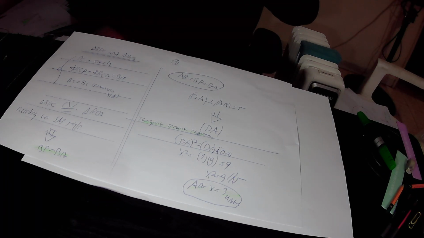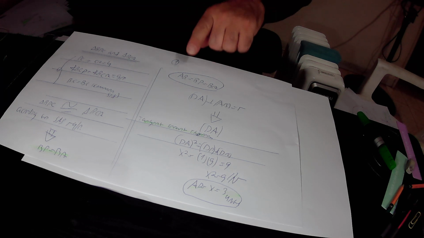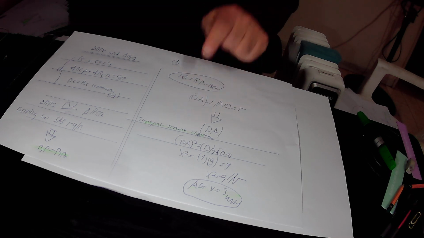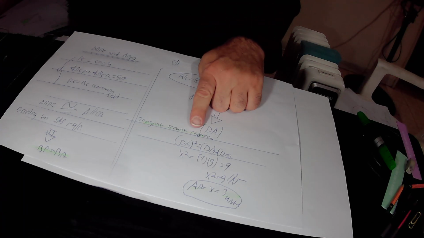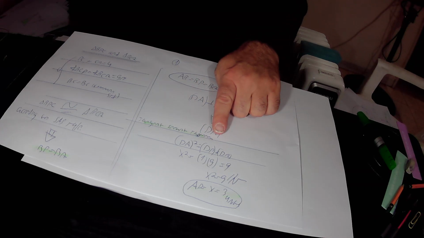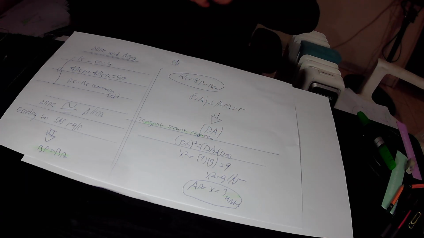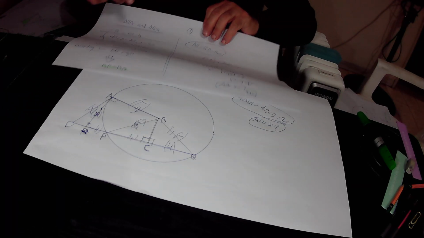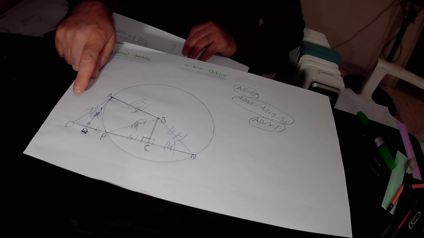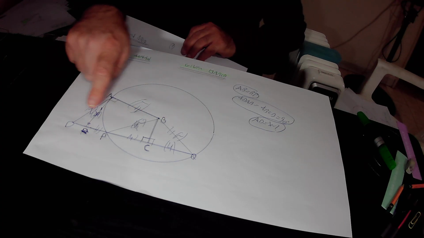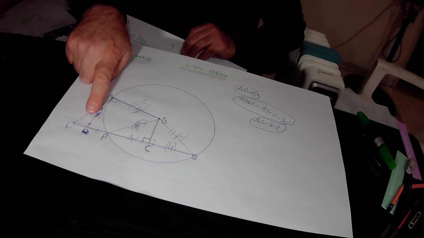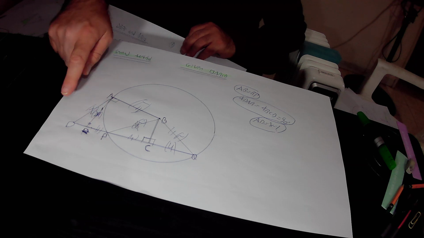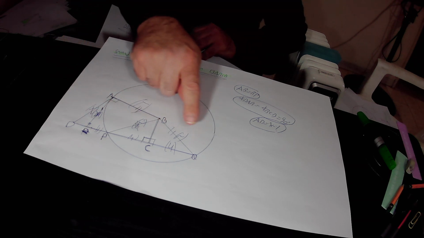Once again, we find that according to the tangent secant theorem, if we focus on the common external point D, the following equation holds: DA squared, that is the length of the tangent squared, equals DP times DQ. DP is the external part of secant DQ, and this secant in total equals DQ.